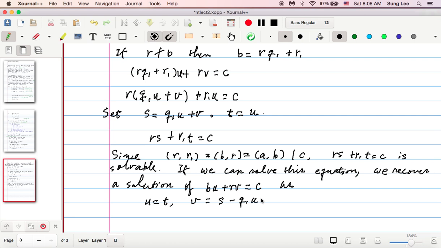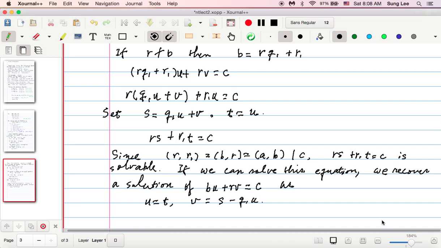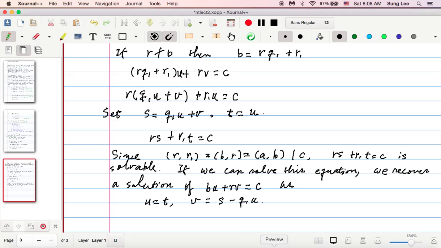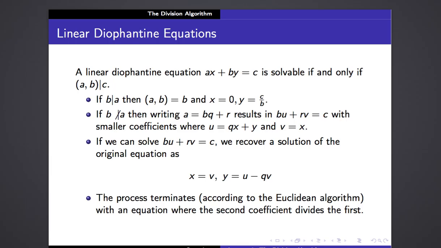As you can see, this process can continue, but not indefinitely. According to the Euclidean algorithm, or division algorithm, the process must terminate with an equation where the second coefficient divides the first, which is the first case.